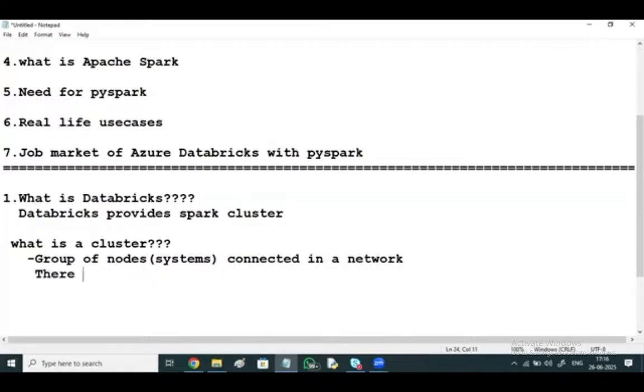For people who are new to this: the first is the driver node, and the second is the worker node. The normal node is the worker node.